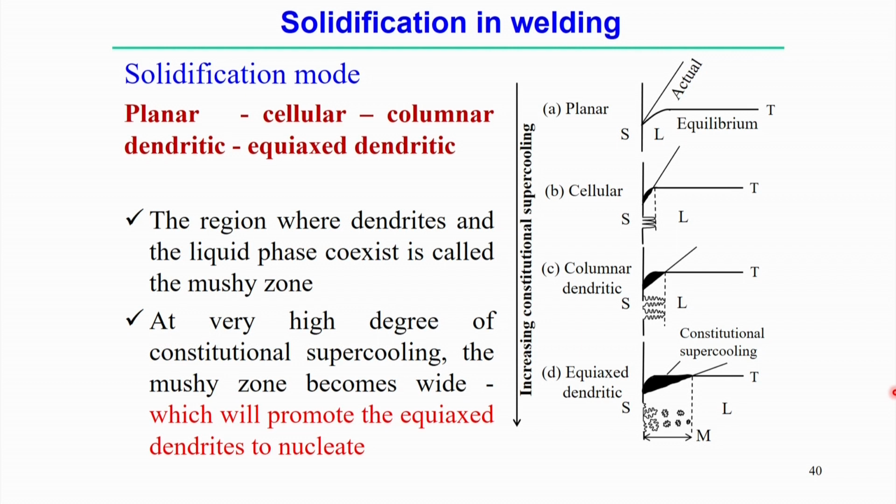From this figure we can see the four types of solidification mode: planar, cellular, columnar dendrite and equiaxed dendritic structure.